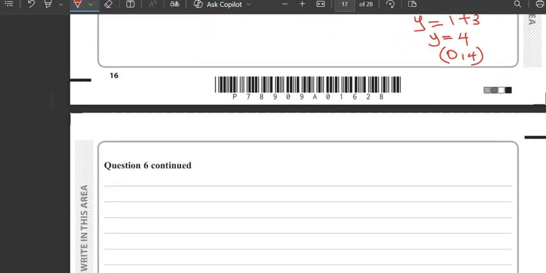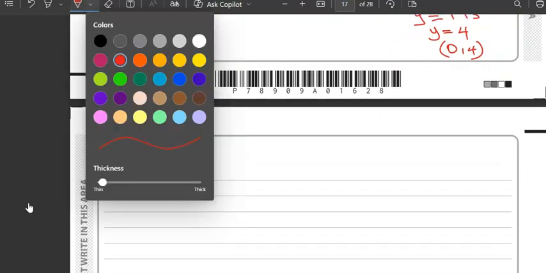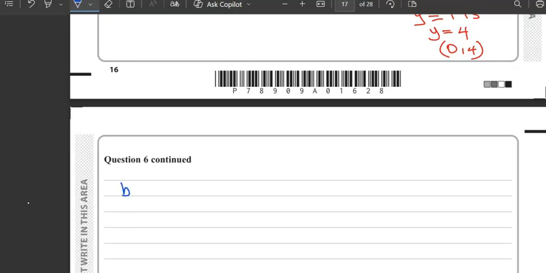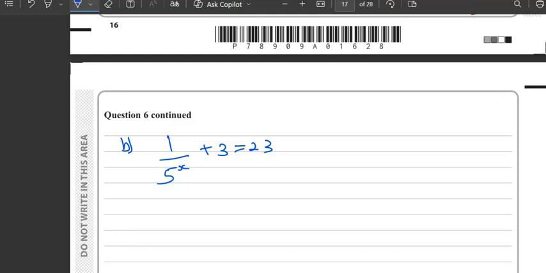So solving part B, we are given (1/5)^x plus 3 equals 23. First, we can simplify by taking this 3 to the other side of the equal sign. So we'll have (1/5)^x equals 23 minus 3, which is 20. Therefore, (1/5)^x equals 20.